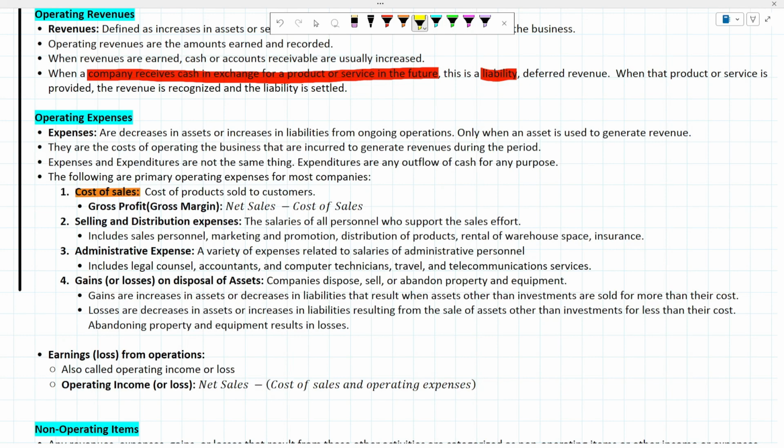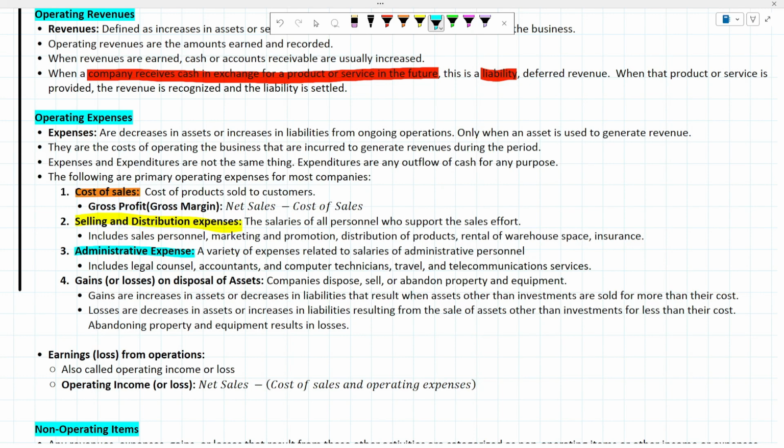So three, administrative expense. It's a variety of expenses related to the salaries of administrative personnel. Includes legal counsels, accountants, and computer technicians, travel and telecommunication services. So let me just highlight that. Four, gains or losses on disposal of assets.